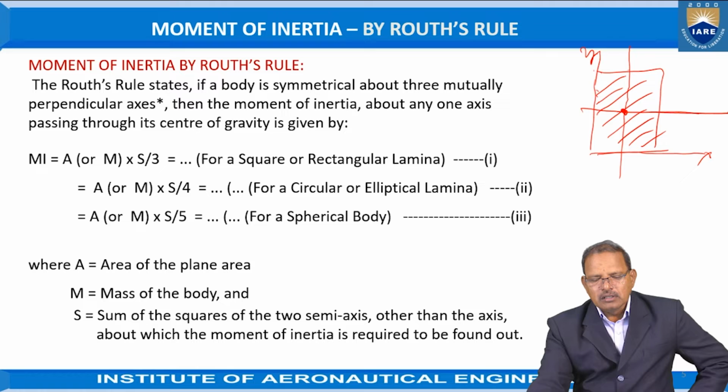Here S stands for the sum of the squares of the 2 semi-axes other than the axis about which the moment of inertia is required.